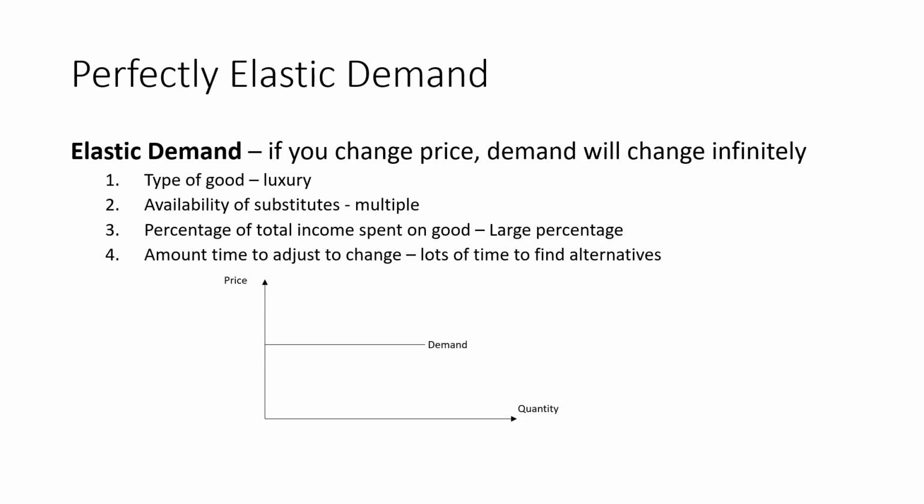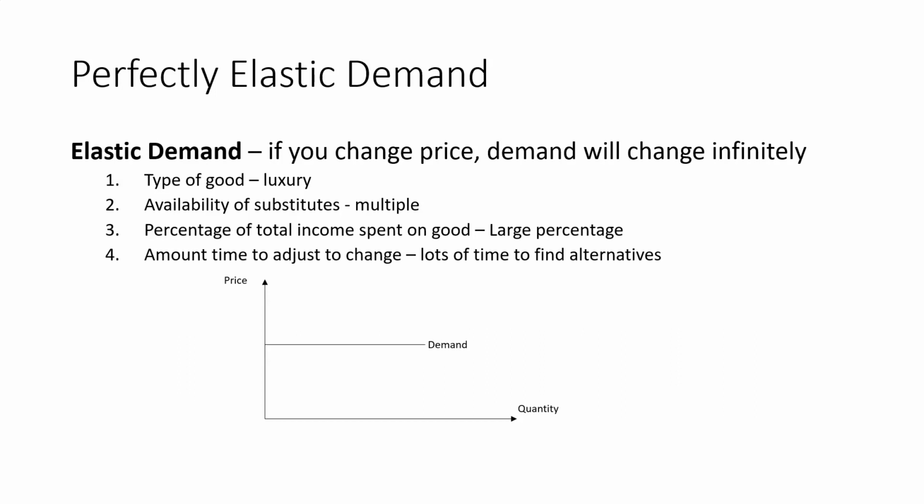So you're going to have to change your demand for that apartment drastically. The amount of time you have to adjust. If I tell you now that in a year the price of a good is going to go up, you're going to have lots of time to find an alternative. So your demand will change dramatically.